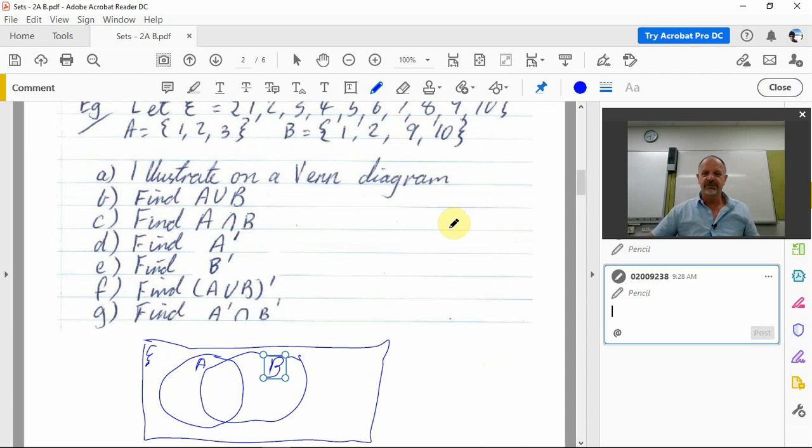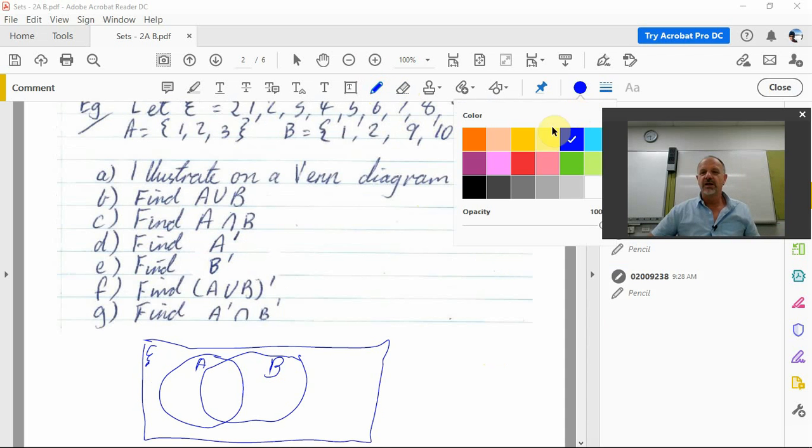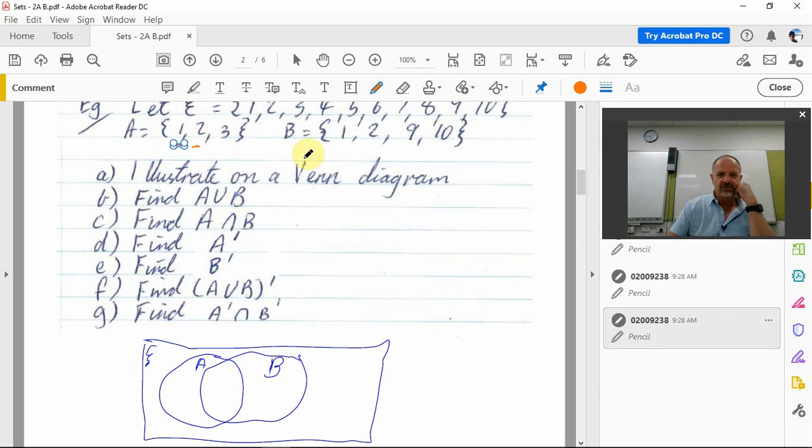All right, so then what we need to do is fill in the symbols. So what I'll do here is change my pen color. Let's go orange. So in set A, we have the numbers 1, 2, and 3. And you'll notice also in set B that we have the numbers 1 and 2.